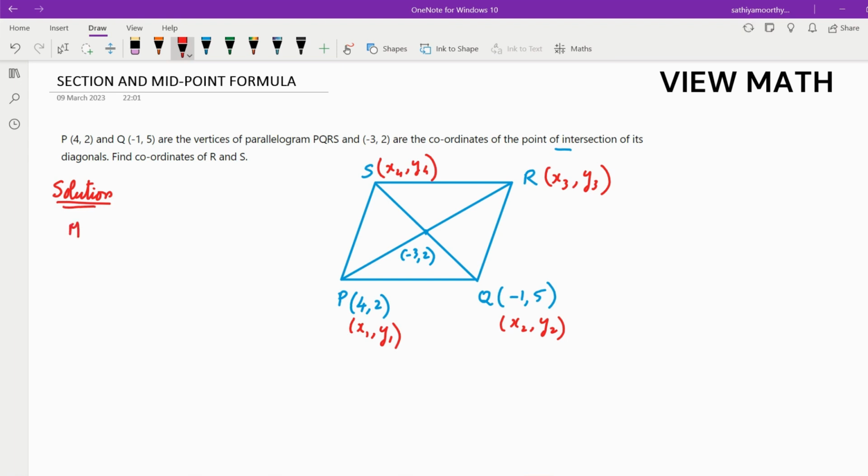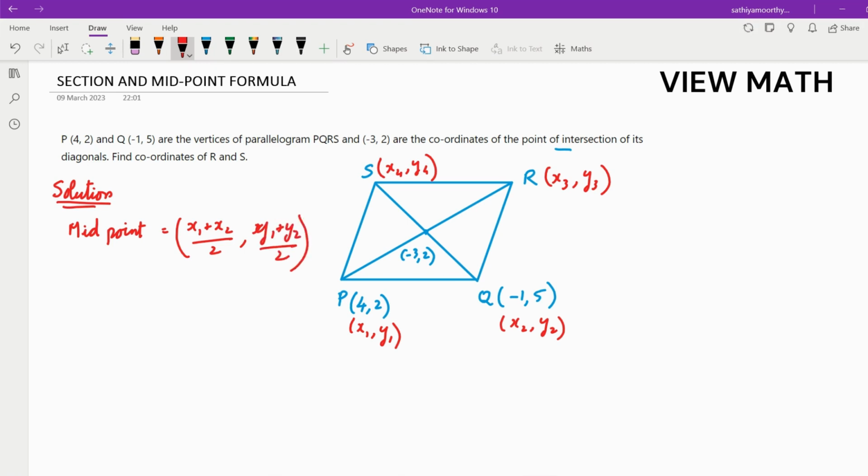I'm going to use the midpoint formula to find the R and S coordinates. Midpoint is equal to (x1 plus x2) by 2, (y1 plus y2) by 2. This is a basic formula, but here the coordinates are different, x3, x4 and so on, so I have to write the formula accordingly.